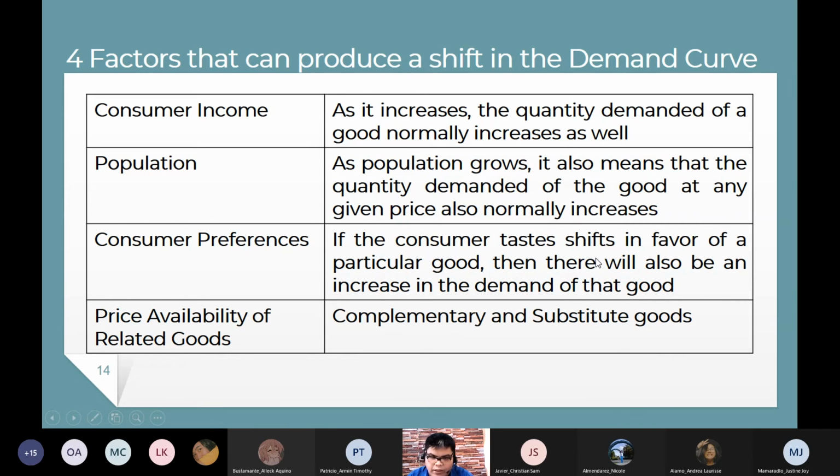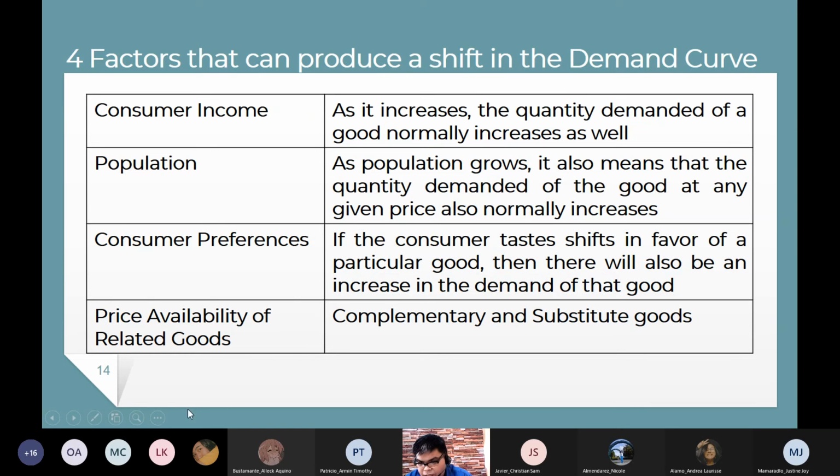Maraming maghahanap ng milk tea. Maraming maghahanap ng coffee beans. So, nauuso ngayon is coffee beans na i-grind mo na. Hindi na yung tipong yung Nescafe 3-in-1 or Nescafe Black. But rather, yung medyo high-end coffee na 180 per half kilo. Ganun na ngayon ang preference ng consumer.